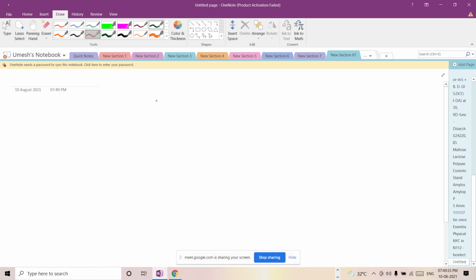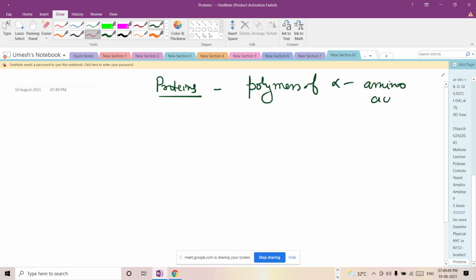Next are the proteins now. These proteins are polymers of alpha amino acids. It is one amino acid. I'm drawing another structure now. It's a second amino acid.